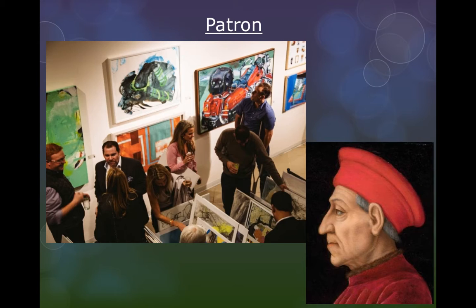So they would oftentimes say, I would like a piece about blank, whatever it was that they were interested in. And then the artist would create that piece using funds that the patron would give them, part of which they would pay up front. And then when the piece was done, the patron would pay the other part of what they owed the artist, and then they would get to take the piece.